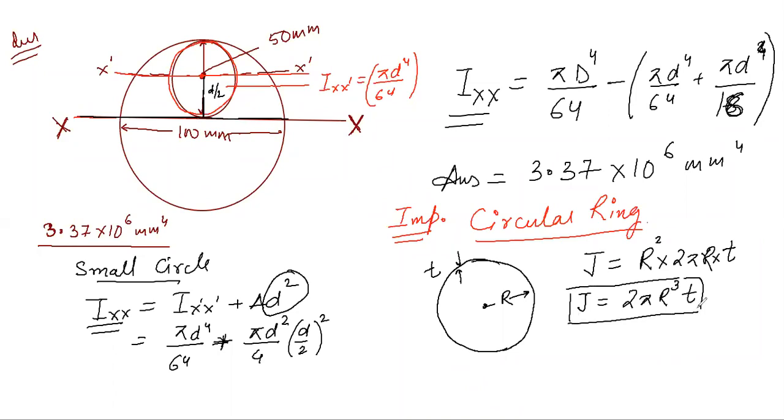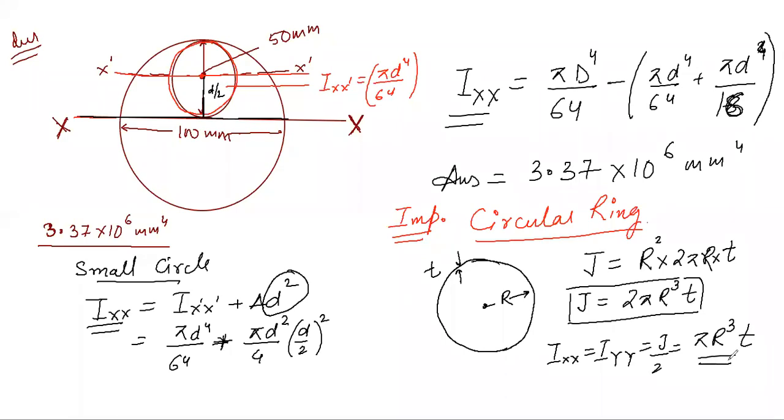Class, always remember this. And if you want to find it with respect to Ixx or Iyy, then it should be J by 2, which is pi r cube into t. You can apply this formula only if the question mentions a circular ring and a thin section; otherwise, use what you studied earlier.